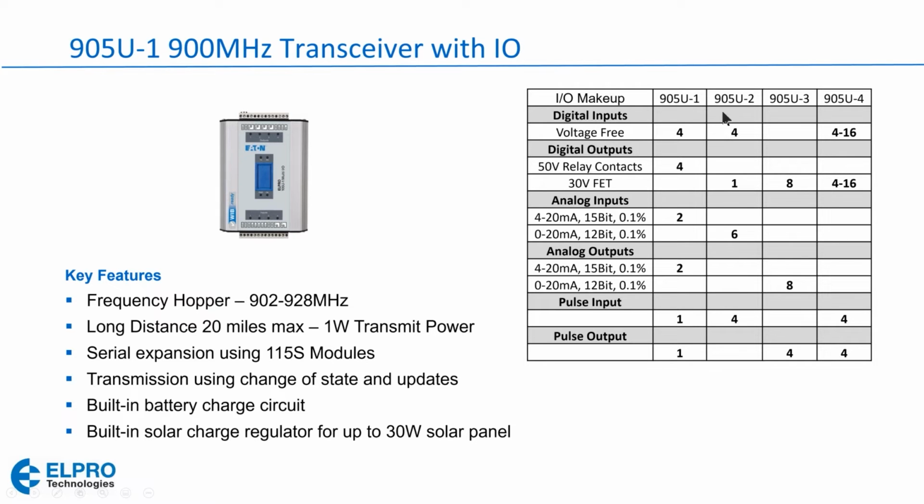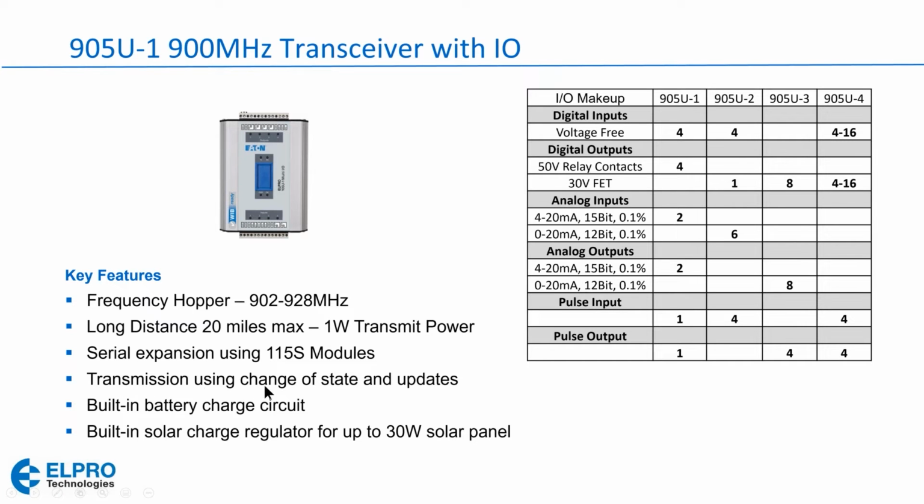Now we also build a 905U-2, -3, -4. These radios have been obsoleted. However, we did build thousands of these radios, so you may encounter them on occasion out in the field. If the I/O on board is not enough, there is a RS-485 terminal block just down here, and that allows you to connect it to our 115S serial expansion modules.